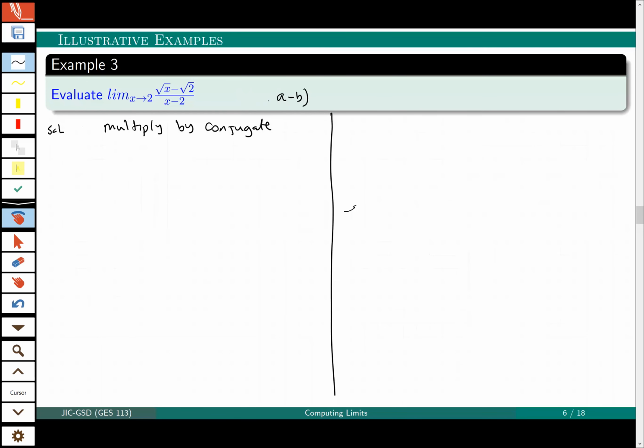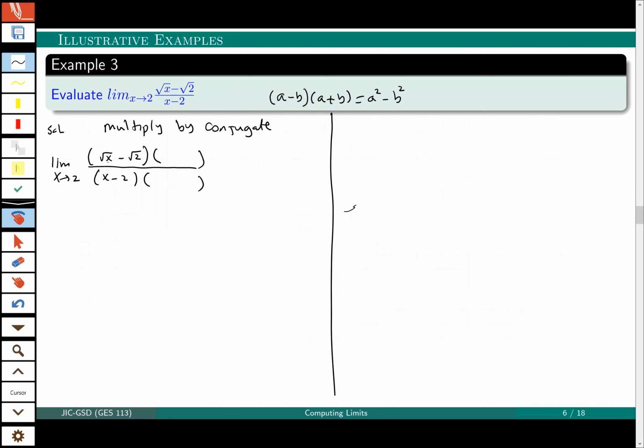So the conjugate of a minus b is a plus b, and this will result in the square of the first minus the square of the second. So if I have the limit when x goes to 2 of square root of x minus square root of 2 divided by x minus 2, I'll multiply by the conjugate.